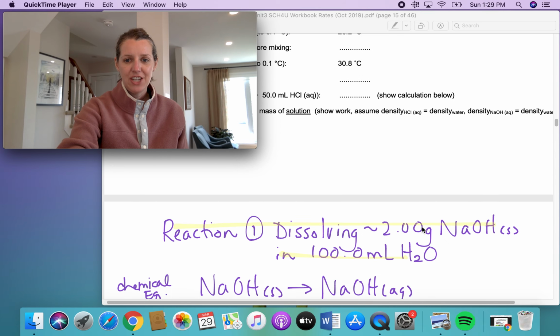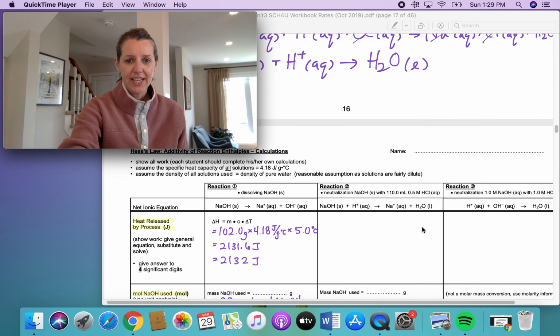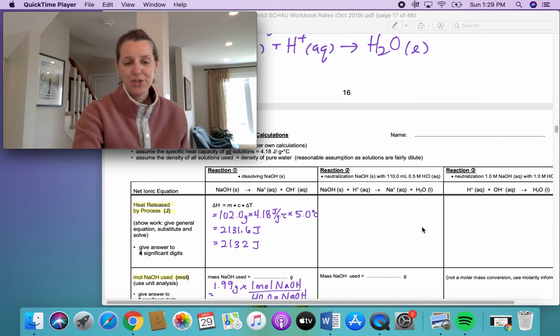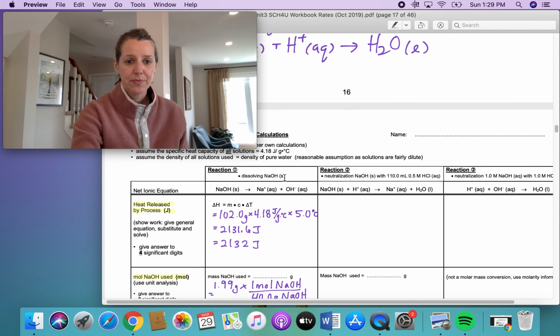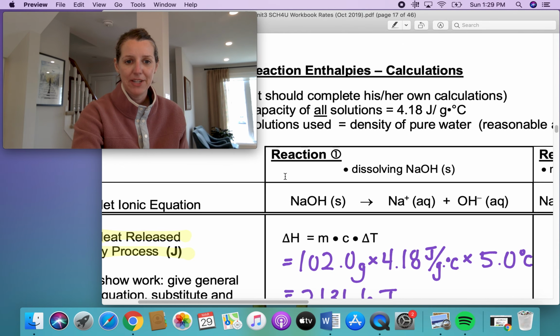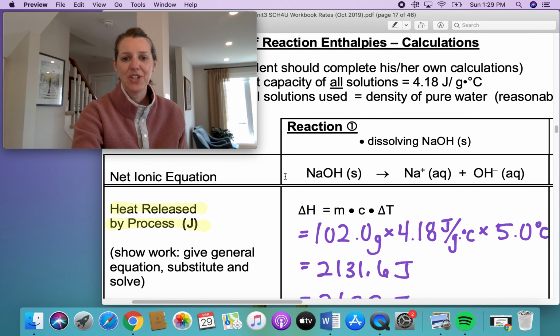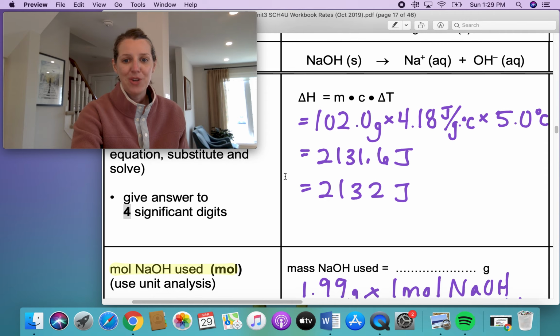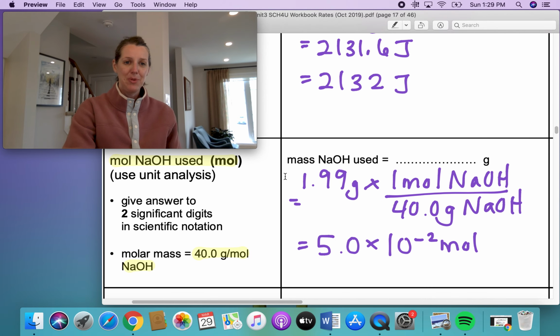Once you've got this calculation done, flip to the data table where you're going to record all of your information. So in the first part of the table right here, you're simply calculating your enthalpy for that reaction. Just make it a little bit bigger here for you. Okay, and you're going to record that value in joules to 4 significant digits. Once you've got that value, then we're going to be able to calculate the number of moles of sodium hydroxide that we used using the molar mass.